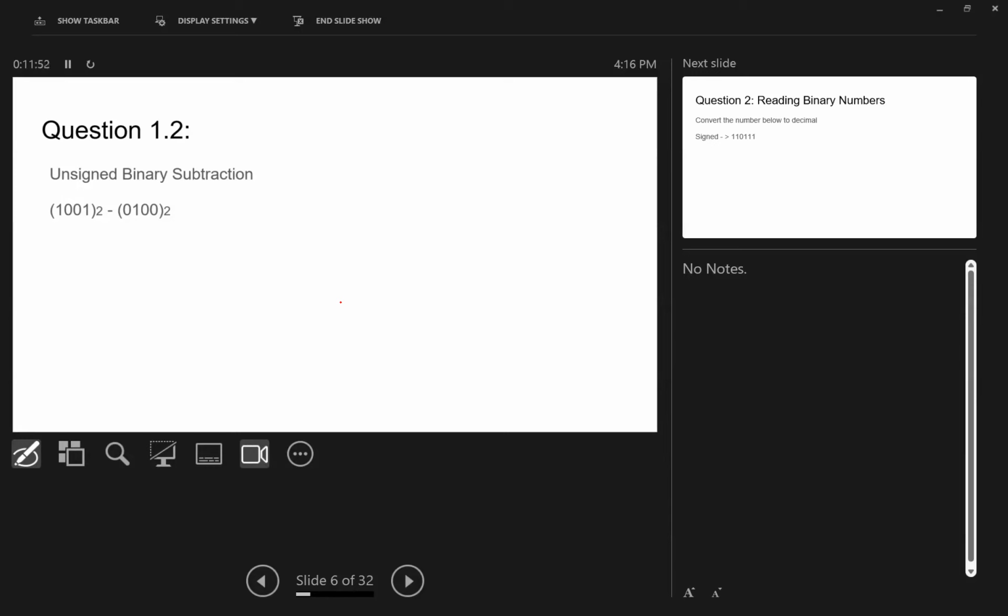And we just transform the 5 to the unsigned binary number, and it should be 0, 1, 0, 1, right? Or you can just use subtraction similar to decimal subtractions, right? So what we can do here is do subtractions similar to the decimal subtractions.